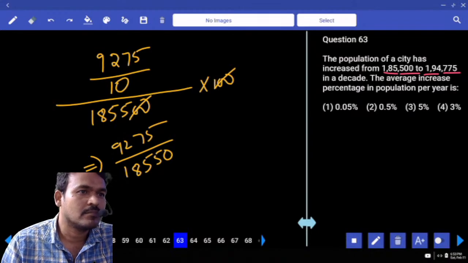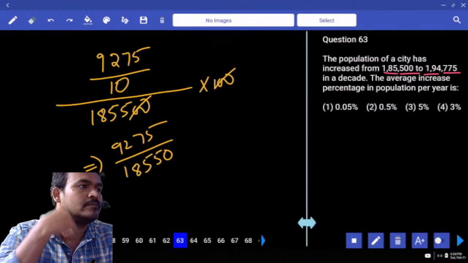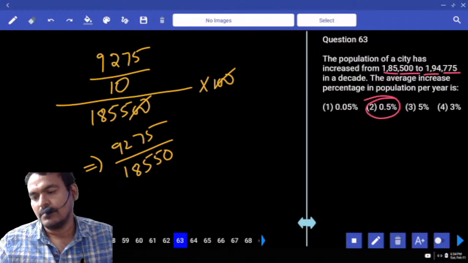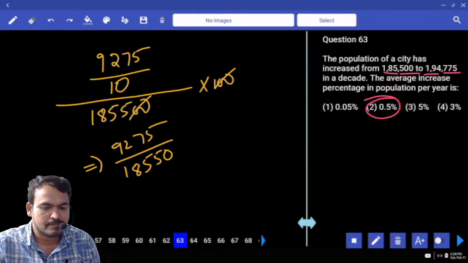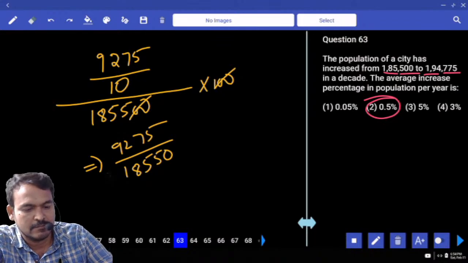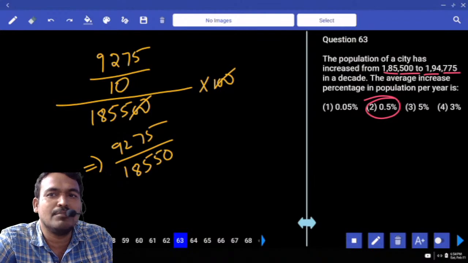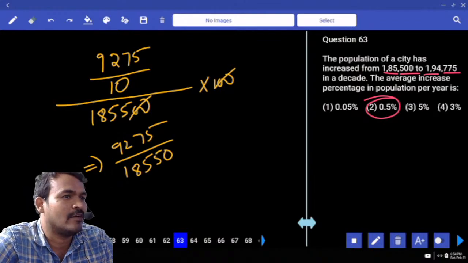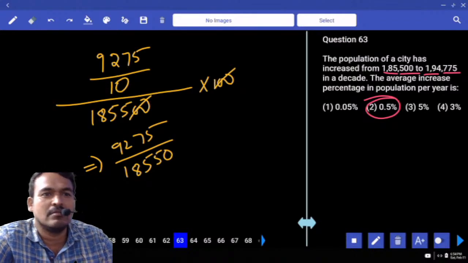Means 5% or 0.5%? 0.5%. Numerator 9,000, denominator 18,000, means 9,000 by 18,000 means half, means 1 by 2. 1 by 2 means 0.5.